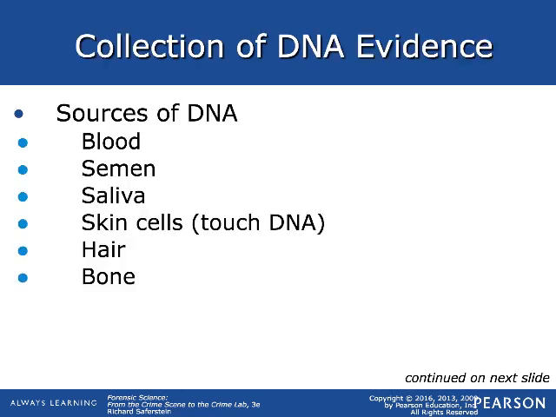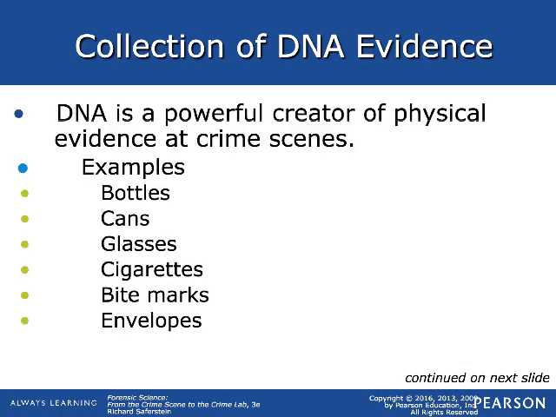If you're going to collect evidence for DNA, you're looking for blood, semen, saliva, skin cells, so touch DNA, something somebody touched, like an object, maybe a cup, a glass, a cigarette, tape, a bullet, a fingernail. It could be hair, it could be bone.